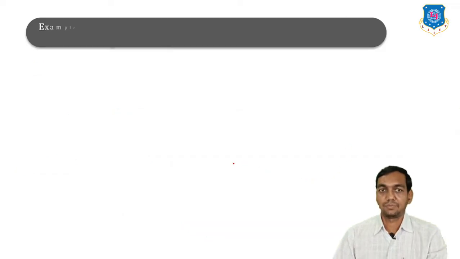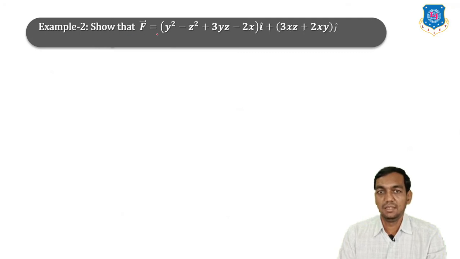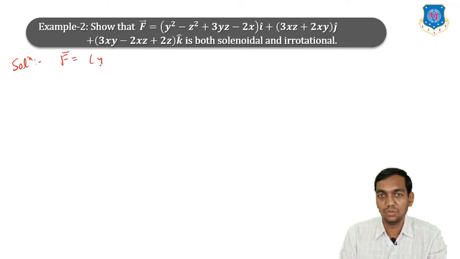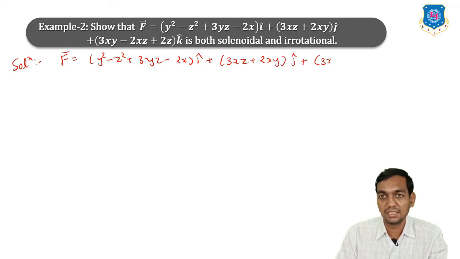In the same manner, second example: show that f bar is both solenoidal and irrotational. Solenoidal means the divergence is 0, and irrotational means the curl is 0. So f bar is equal to (y square minus z square plus 3yz minus 2x) into i plus (3xz plus 2xy) into j plus (3xy minus 2xz plus 2z) into k.